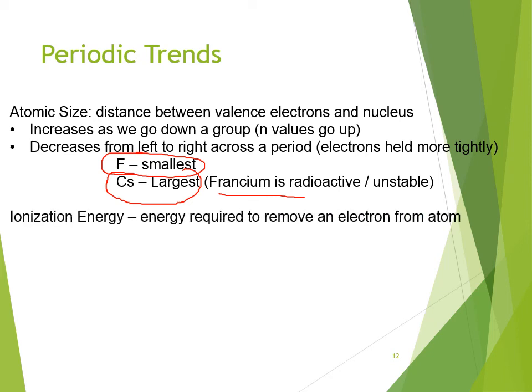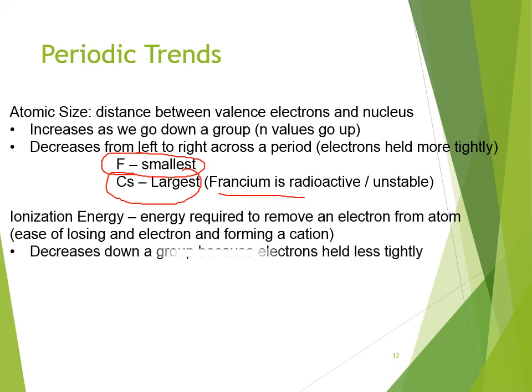There are 3 other trends that we're going to discuss briefly, but it's important to remember atomic size is most important for this chapter. So ionization energy is the energy required to remove an electron from an atom. So the more energy it takes, the higher the ionization energy.